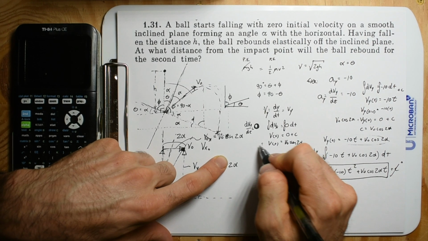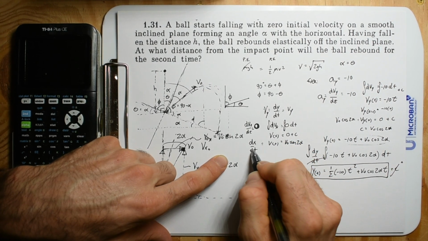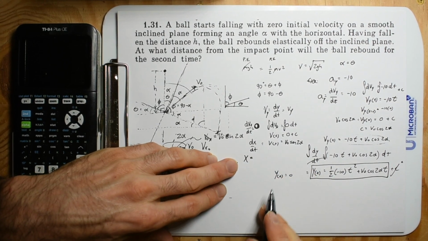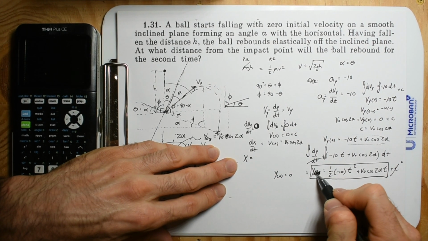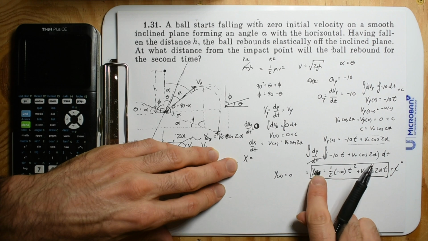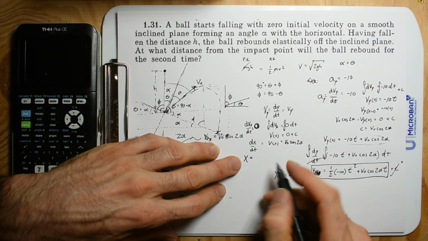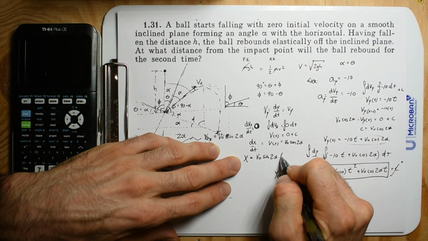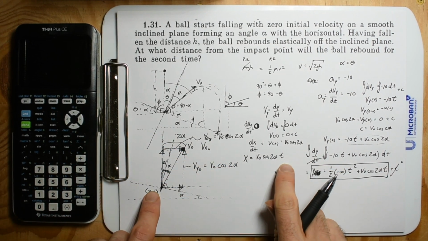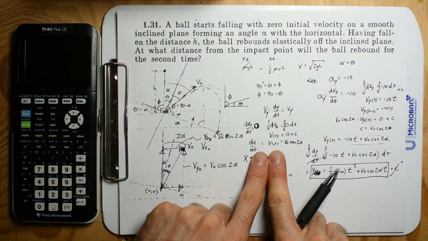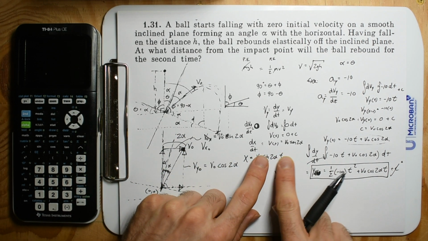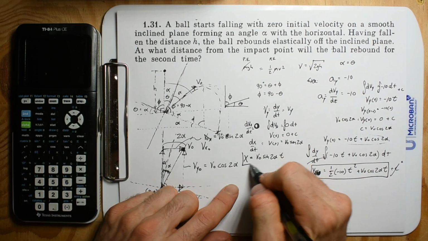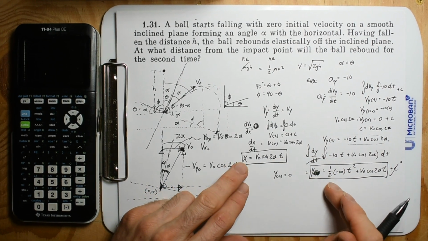Then we can say that that is dx dt and separate variables, and do the same thing. It's probably better to write this simply: this is my equation for y, this is my equation for x, and my equation for x is v naught sine 2 alpha t. Again, at t equals 0, our x is equal to 0, so the constant of integration is 0 on this one. So now you have an x and y term.